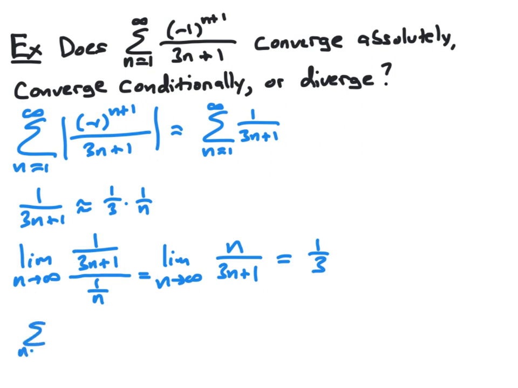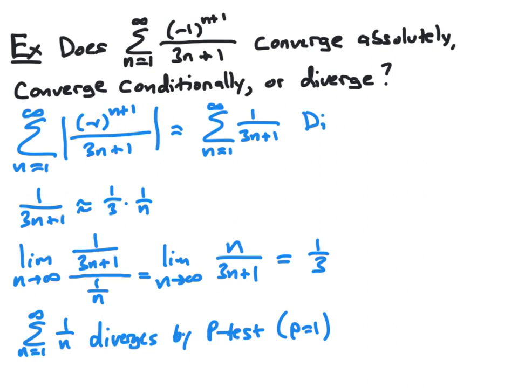And of course we know the sum from n equal 1 to infinity of 1 over n diverges. This is a standard p series, so this diverges by the p-test with p equal to 1. And whenever p is equal to 1, we know that our series will diverge, and therefore our given series also diverges.